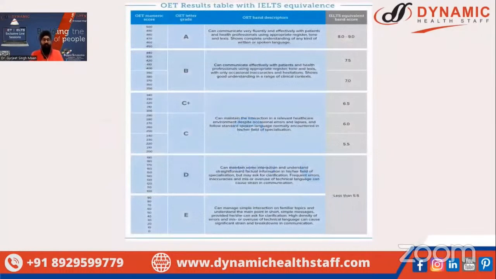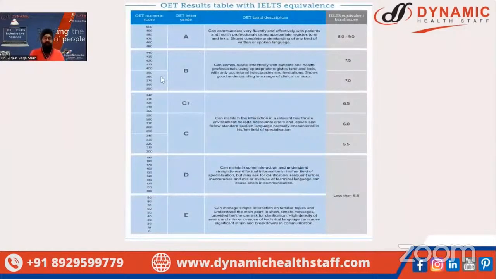Coming to the grading. How will you be assessed? That is another important question. You will be graded from A to E, A being the highest grade and E being the lowest, based on the numerical scores you get.